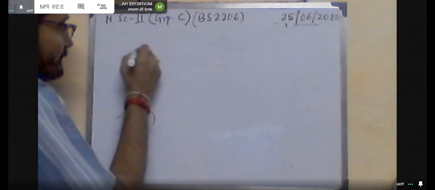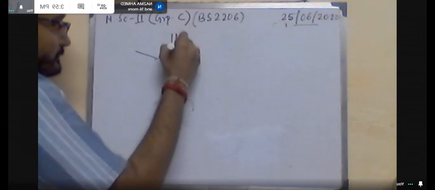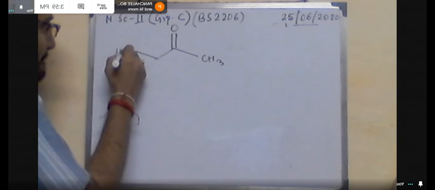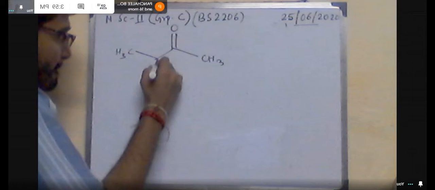So as per configuration, you have found this is the R. Now this is the additional chirality here. In this case, we can see the molecule this way.